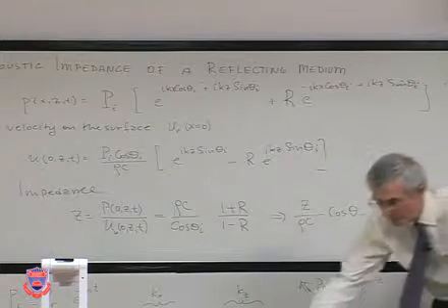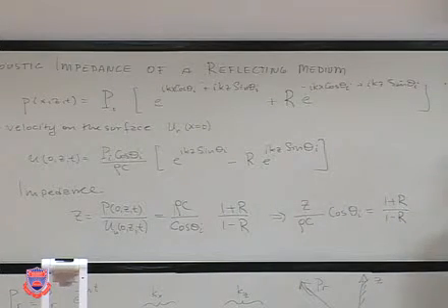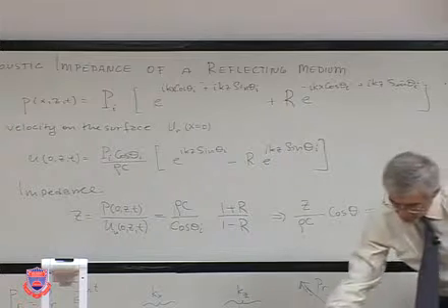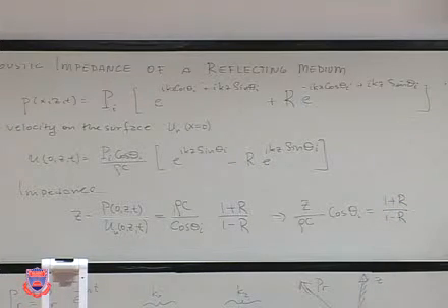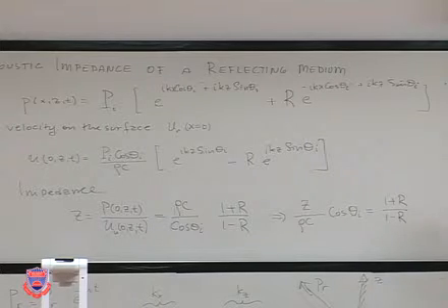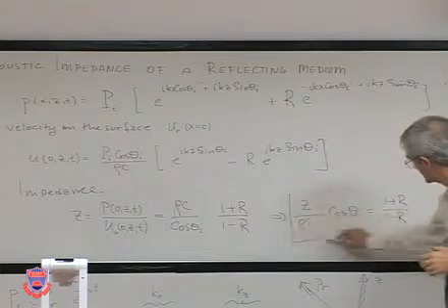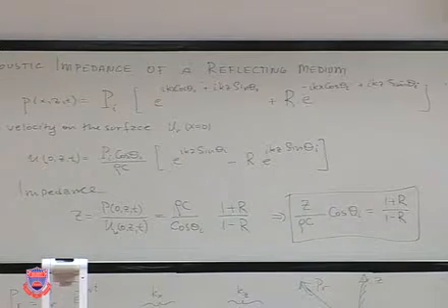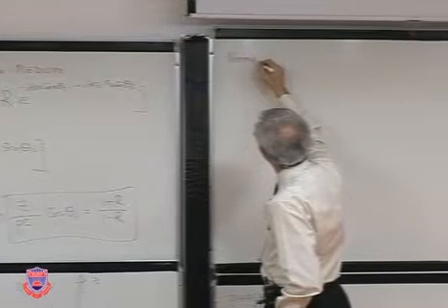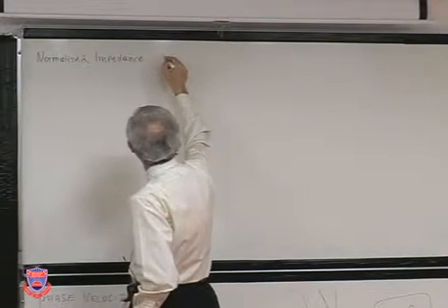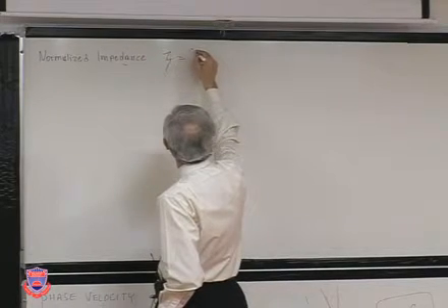Okay, why don't you write and let me review them. So the normalized impedance expression is zeta is equal to Z over rho C.